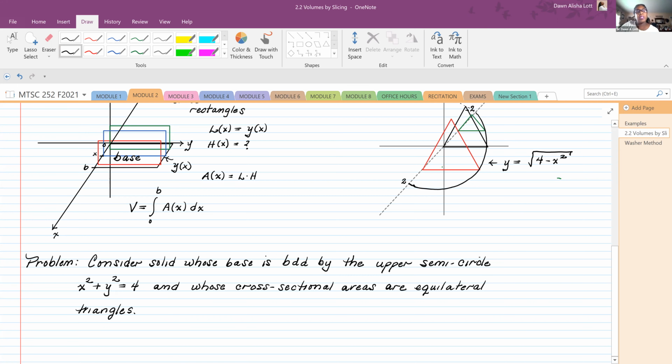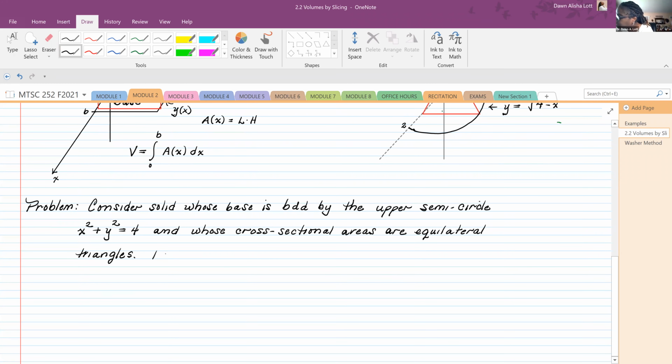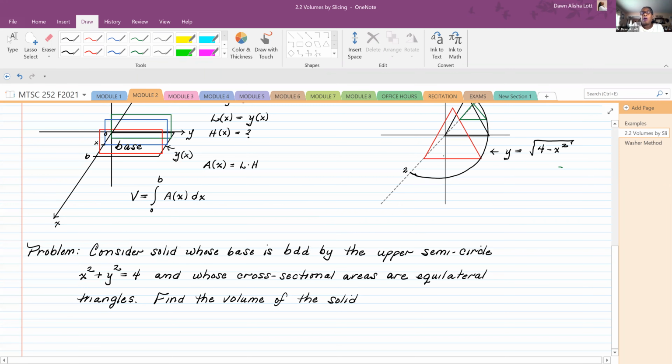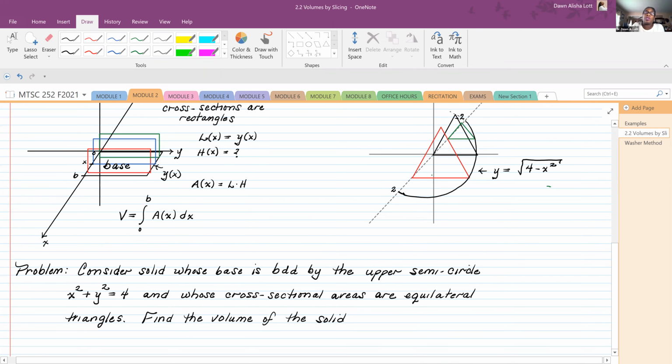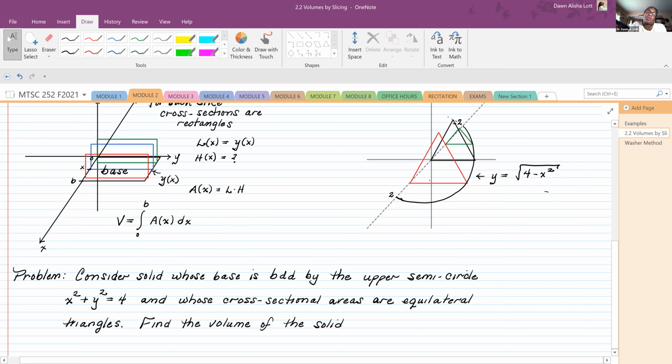So what I want to do is find the volume of the solid. Okay, so just from this picture, I already know that I'm going to integrate from -2 to 2 because my triangles are going to start all the way when x is -2, all the way up to x equal to +2.